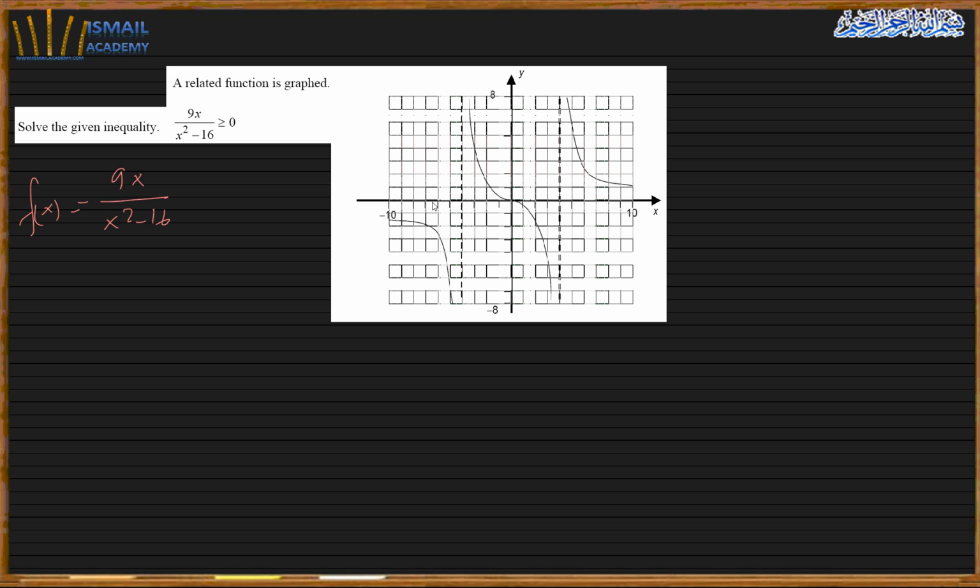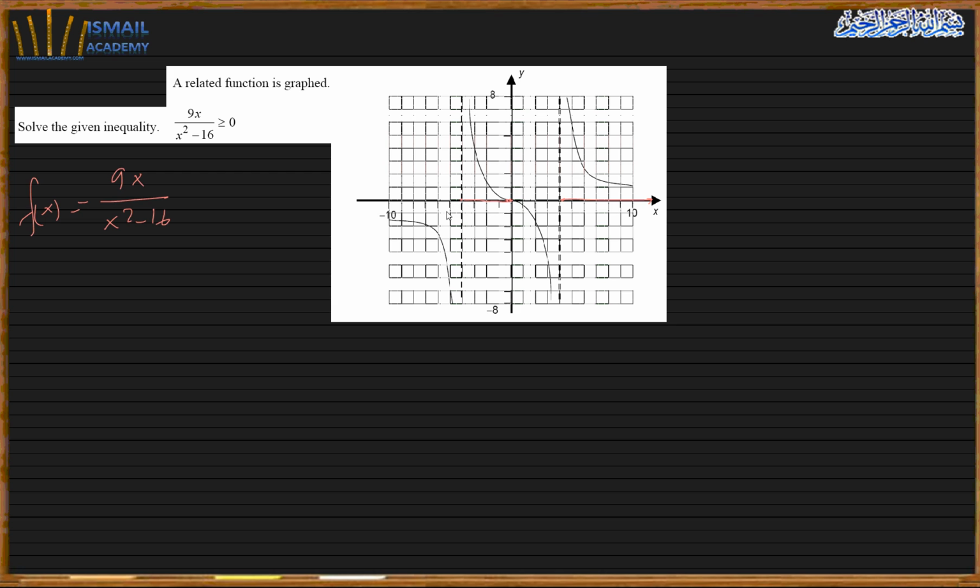That means when the function is above the x-axis. In this interval from here to here, the function is above the x-axis, and here till the end the function is above the x-axis. In that interval it's below, that means negative, and here it's below.